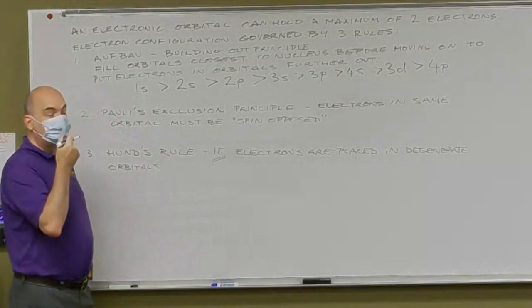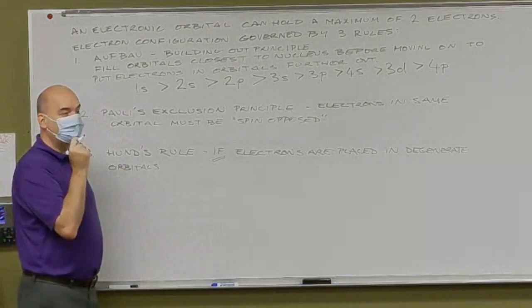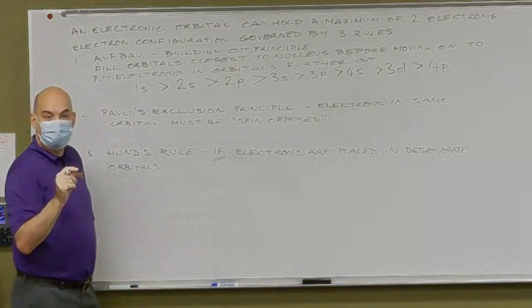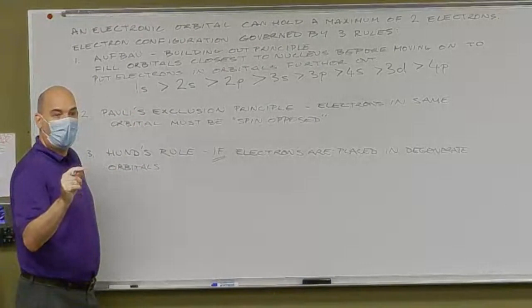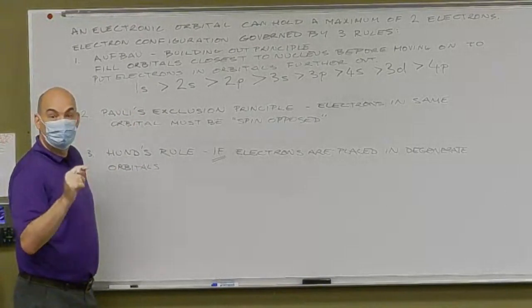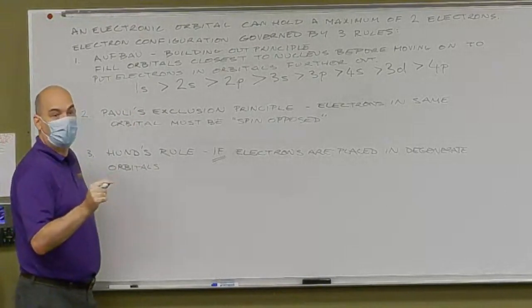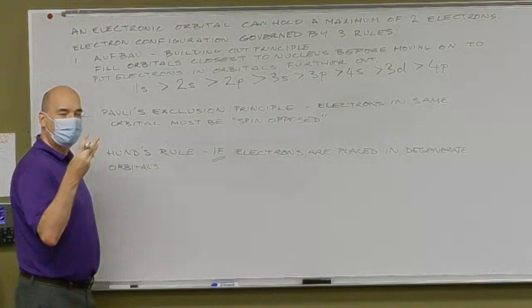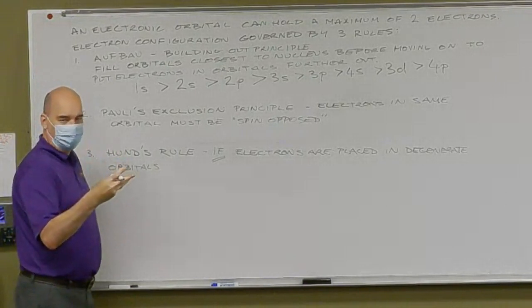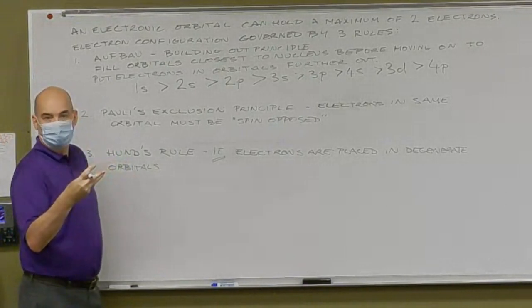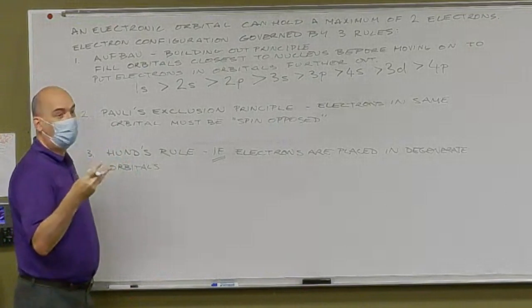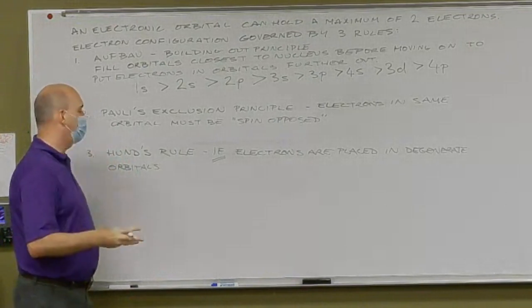So there is no reason for us at this time to believe that the px, the py, and the pz should be different from each other. Those three are degenerate. They have the same energy. When they're unoccupied, they have the same energy.